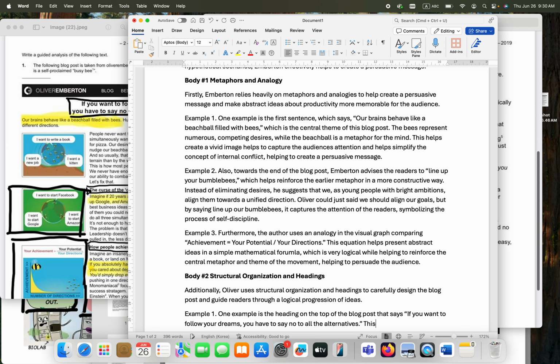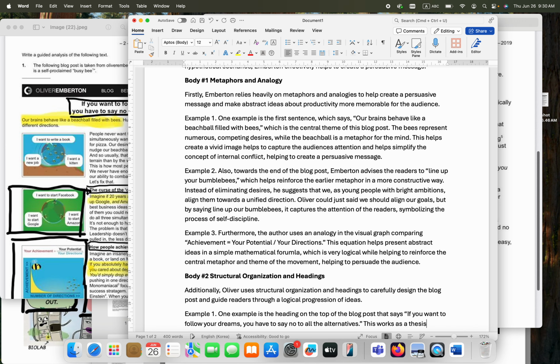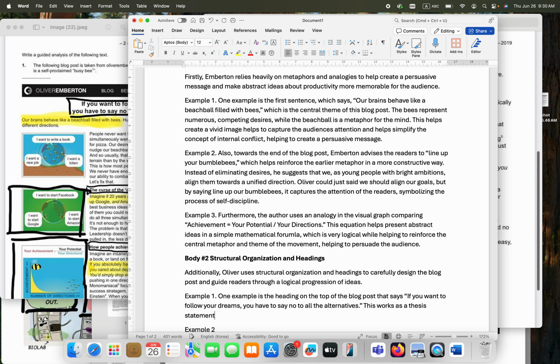So this shows, well, this works as a thesis statement and helps set the tone for the text or the entire article, helping to immediately engage the reader.